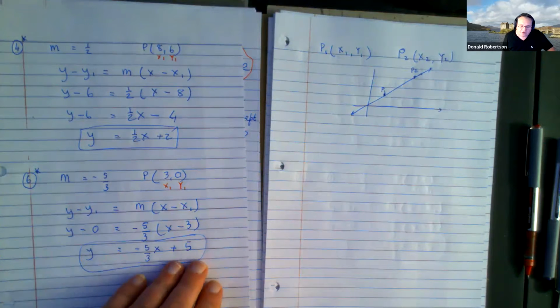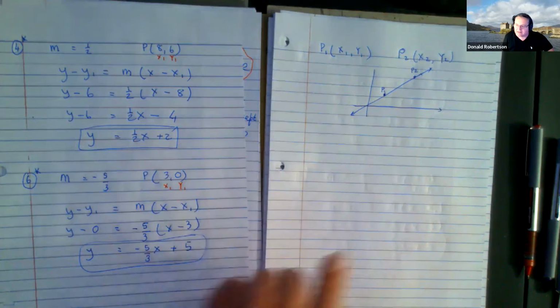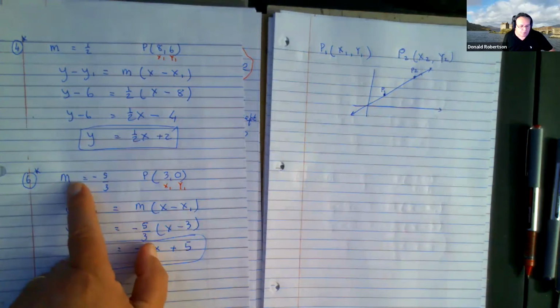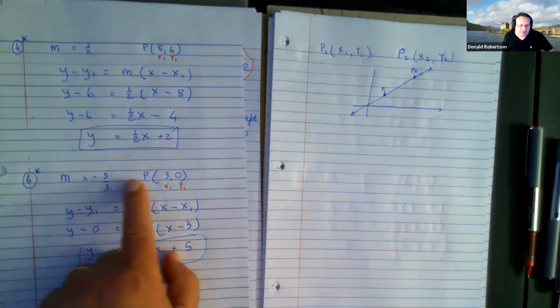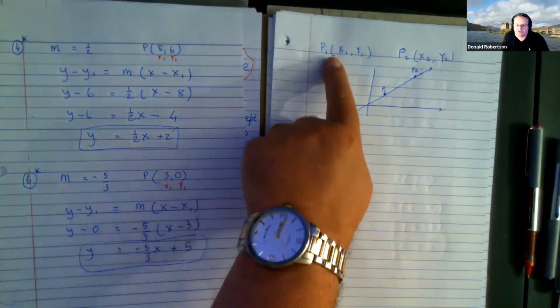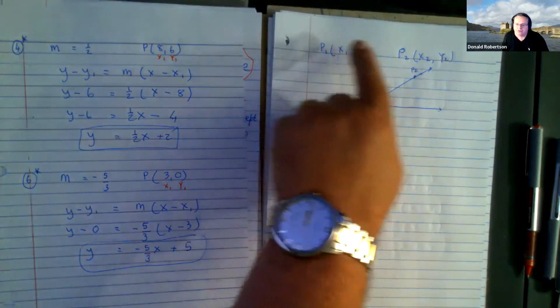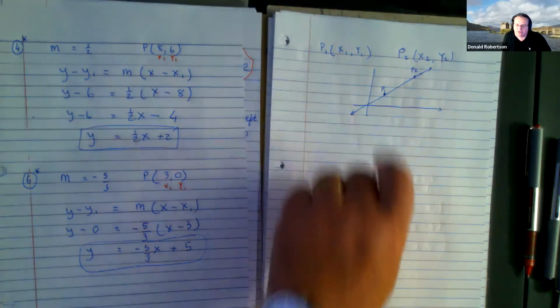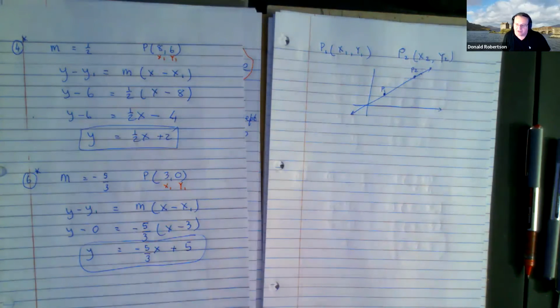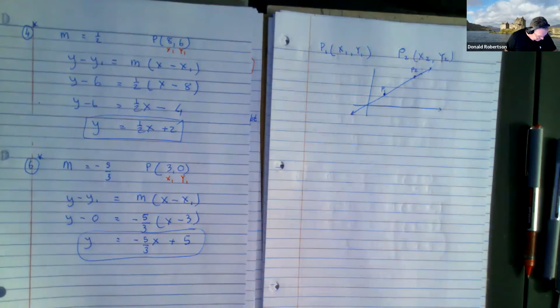The difference is that we first have to find out what the slope of that line is, so that we'll know what the value of m is. And then we can choose either one of these 2 points to be this one. It doesn't matter which one of these 2 points you use, you end up with the exact same answer.